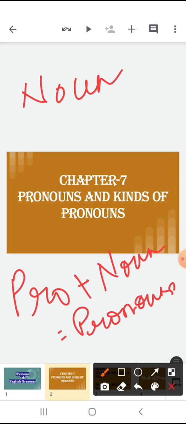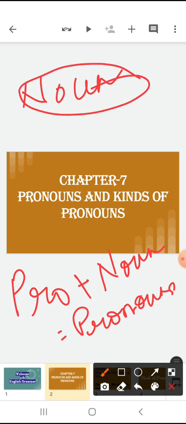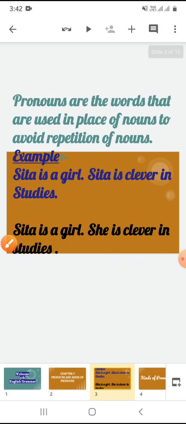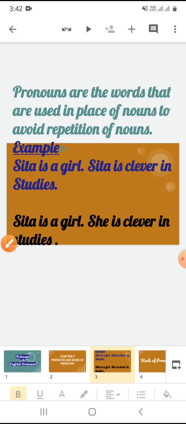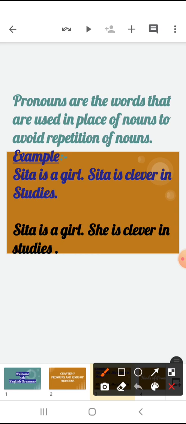So it means we have to replace the repetition of noun by putting a pronoun at that place. What is a pronoun? Pronouns are the words that are used in place of a noun to avoid repetition.